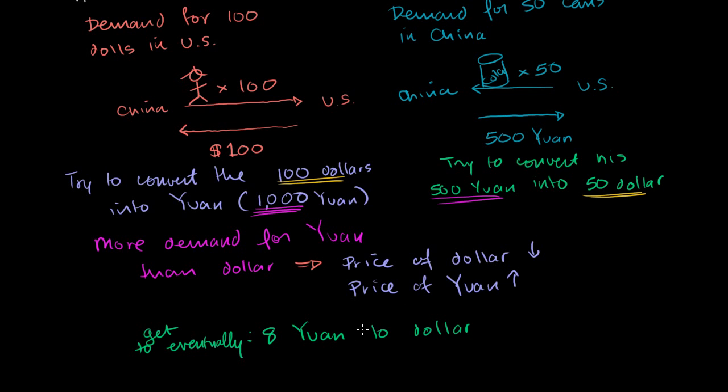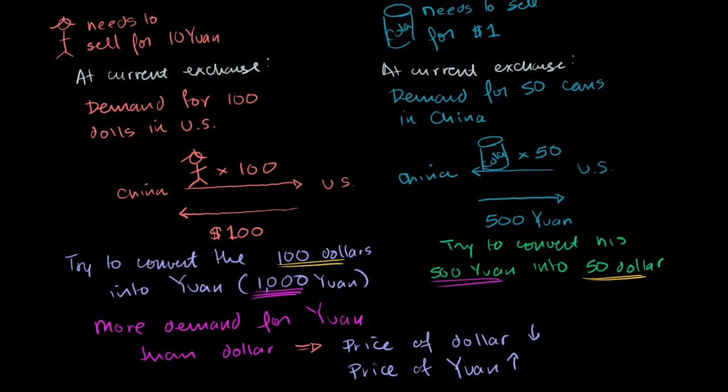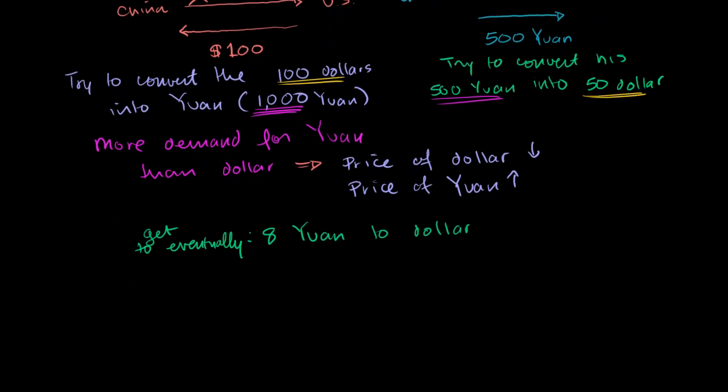Now what's the reality over here? This guy over here, he needs to sell his dolls for 10 yuan, which before was the equivalent of $1. But now it's 8 yuan per dollar, right? So let's think about how much his dolls cost in the US, now that the yuan has appreciated.